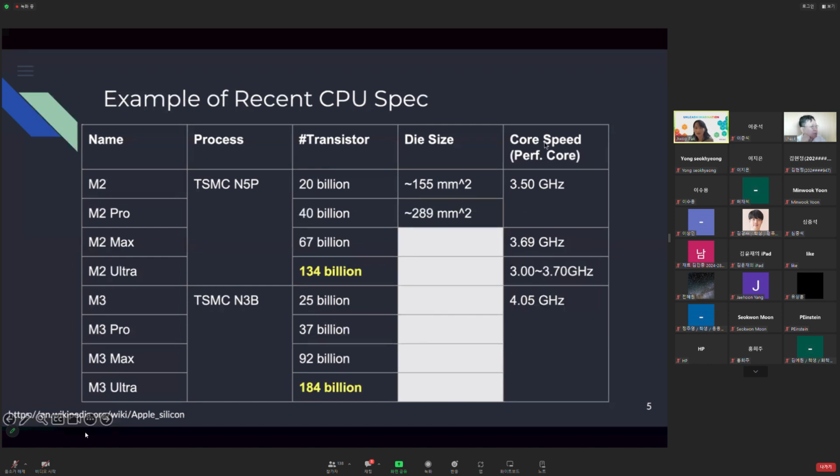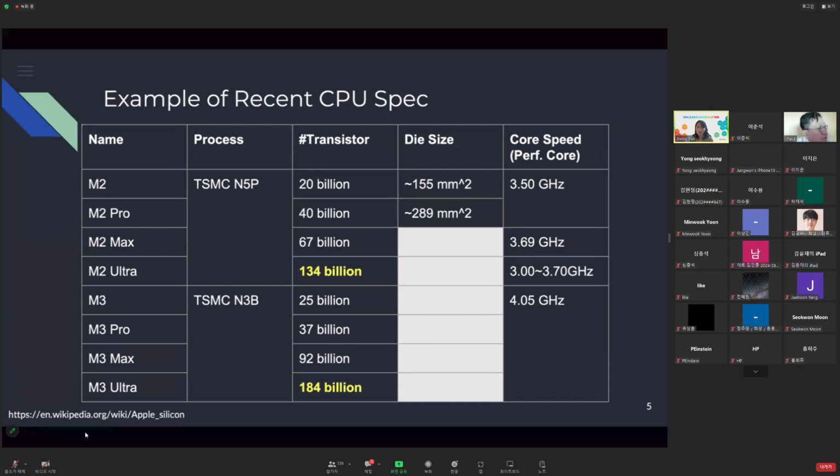And you can see that the core speed is around 3.5 gigahertz or 4 gigahertz, meaning that within 1 second, there will be 4 times 10 to the power of 9 pulses, right? Within 1 second, there will be that many pulses. So that's the chips that we are using every day.